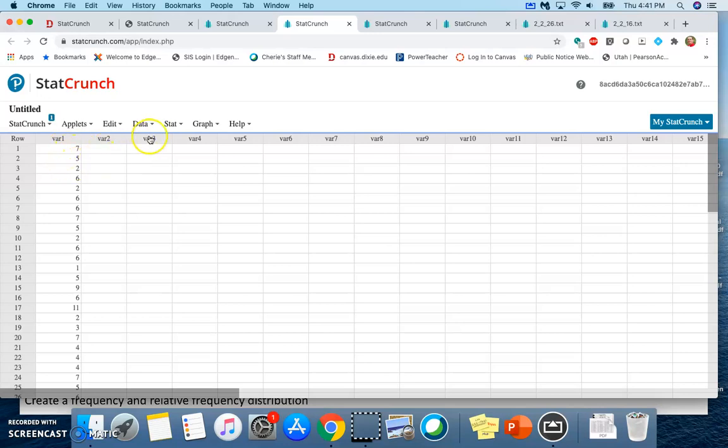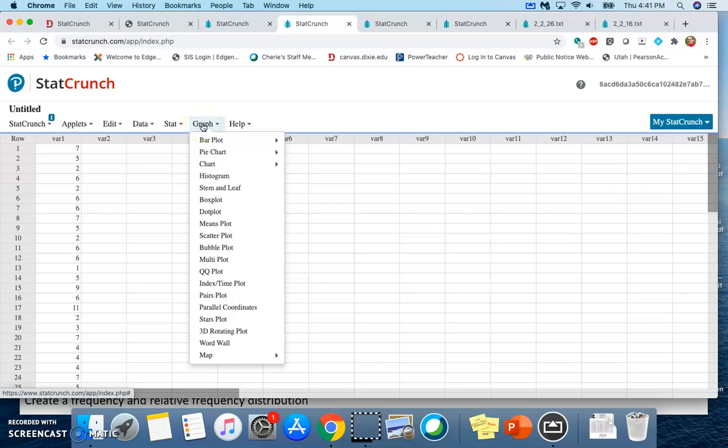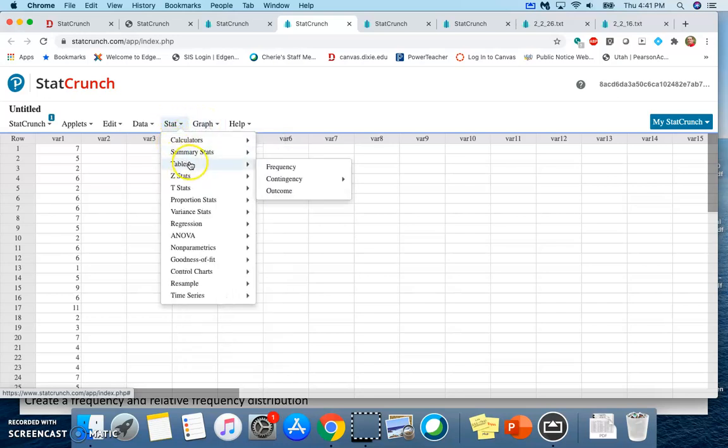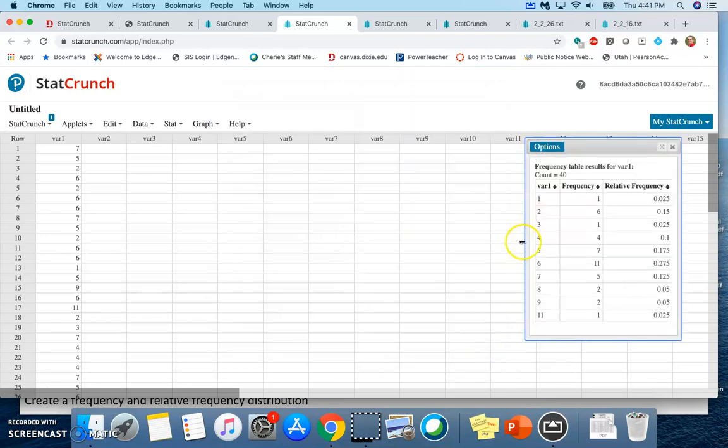To get my frequency distribution and my relative frequency, I'm going to go to Stat, Table, and then Frequency. I want variable 1, and then I'm going to highlight frequency and relative frequency. I just held the shift key to get both of those, and Compute.